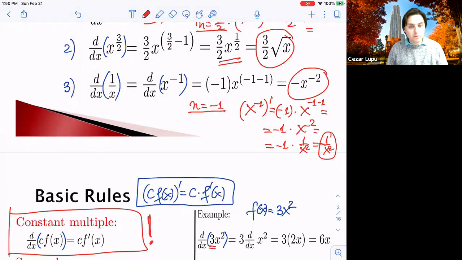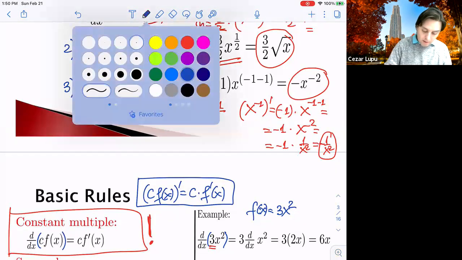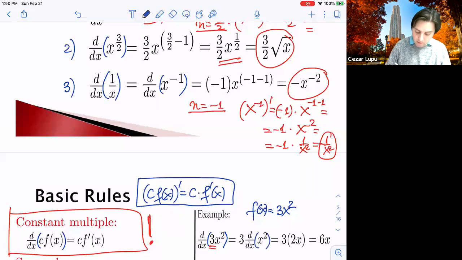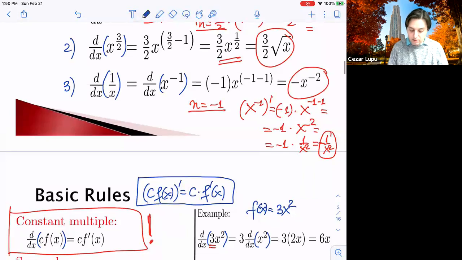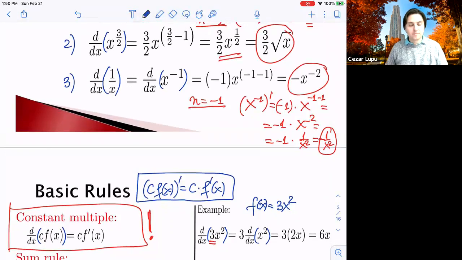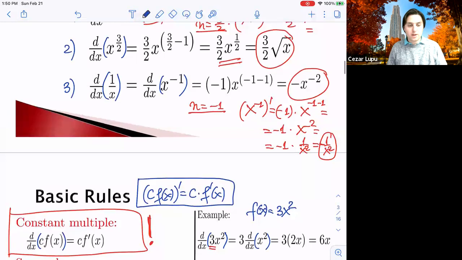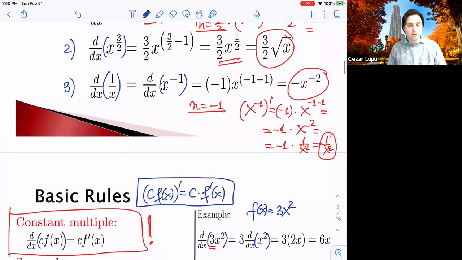So we're going to take the 3 out, and then we're left with the derivative of x squared. But we know by the power rule that the derivative of x squared with respect to x will be nothing else than just 2x. So it will be 3 times 2x, which will give us 6x. Right? It's pretty straightforward. I think you can get the main idea of this.